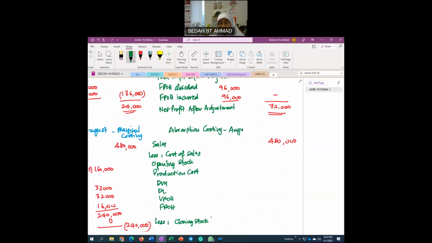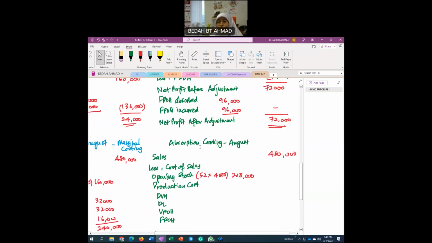Okay, cost of sales, opening stock, carried forward from July. So 52 multiplied by 4,000. So it is 208,000.